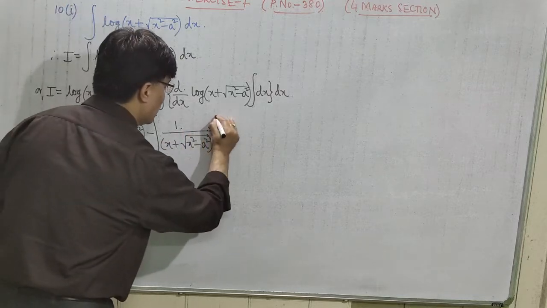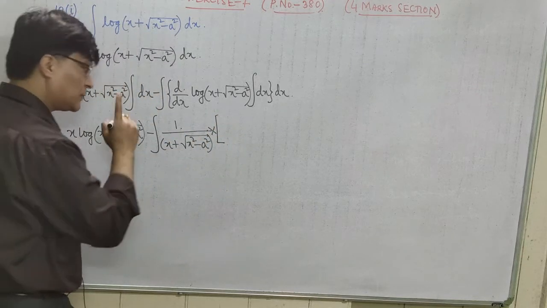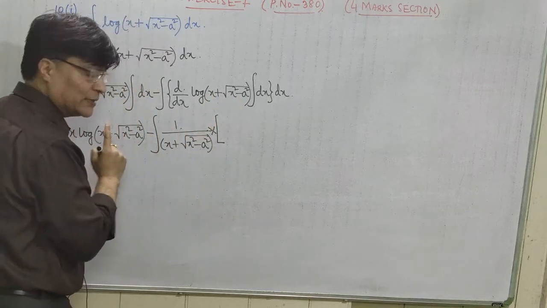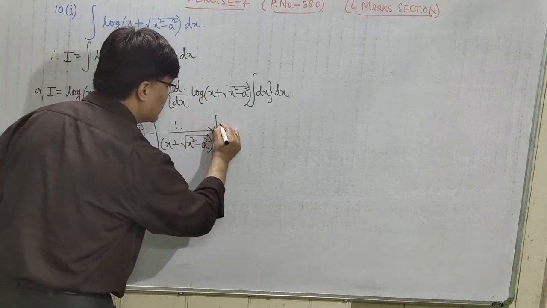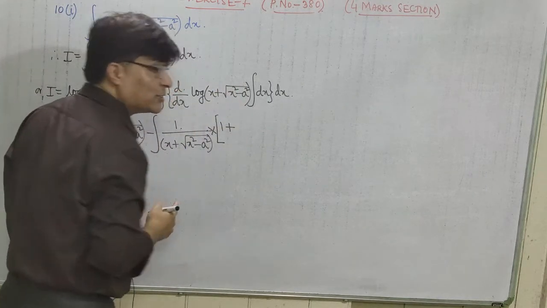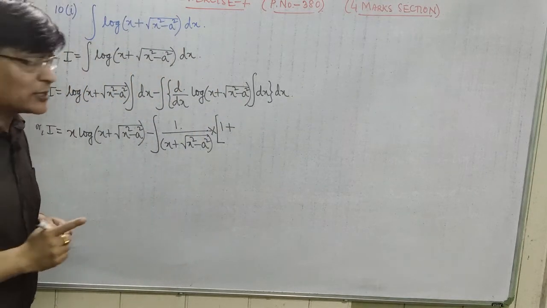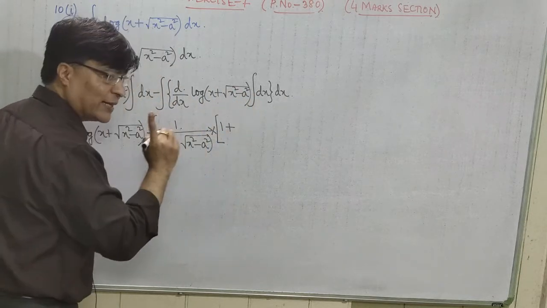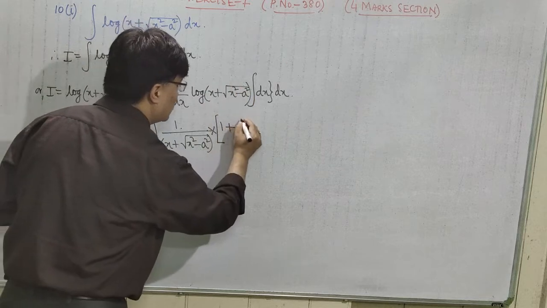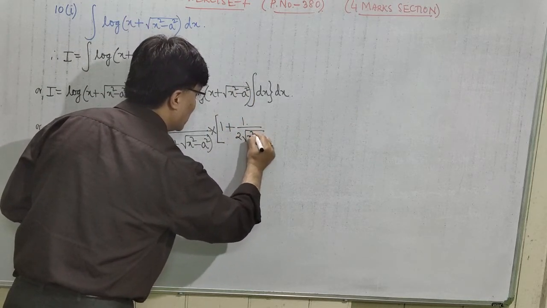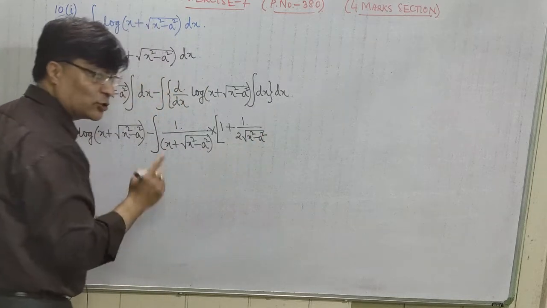Okay. So within third bracket, let us write down the differentiation of this function within third bracket. What is the differentiation of x? 1 plus, what is the differentiation of root over x square minus a square? It is just like your root over x. Now this x square minus a square is taken as x. What is the differentiation of root over x? It is 1 upon 2 root over x square minus a square.